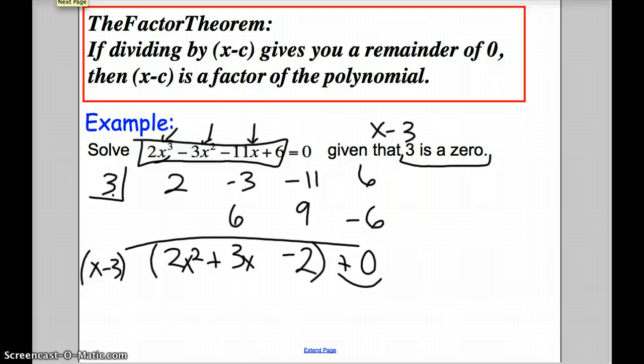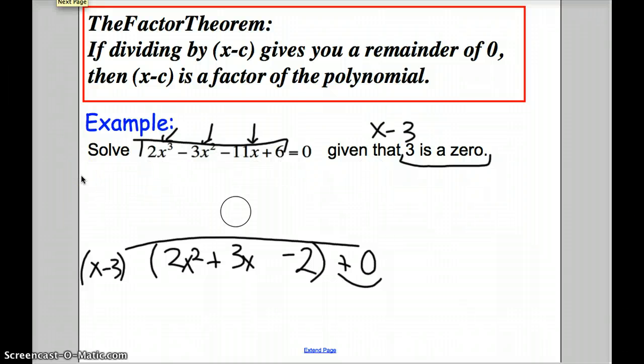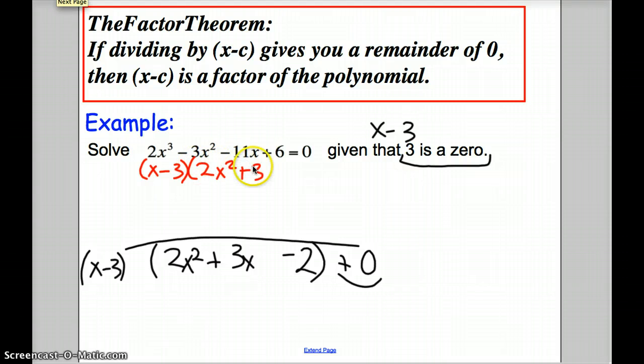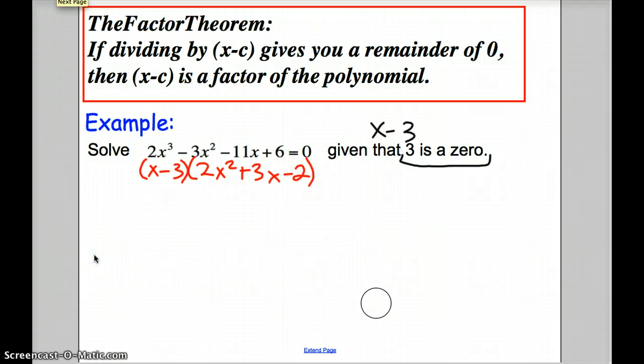We know that to solve polynomials and quadratics you need to factor and use the zero product property. So right now I have one factor, x minus 3, times 2x squared plus 3x minus 2. I have this factored because x minus 3 went into it cleanly, and that's what the factor theorem is basically saying.